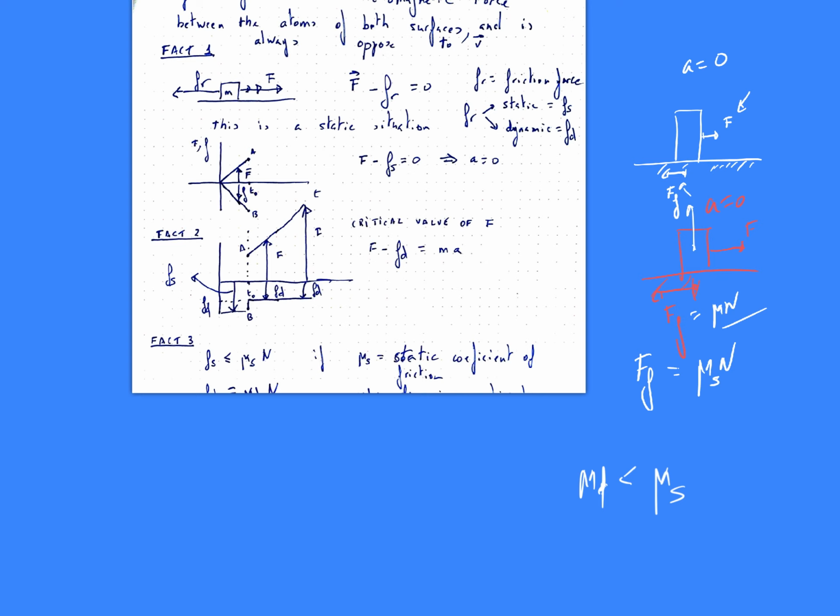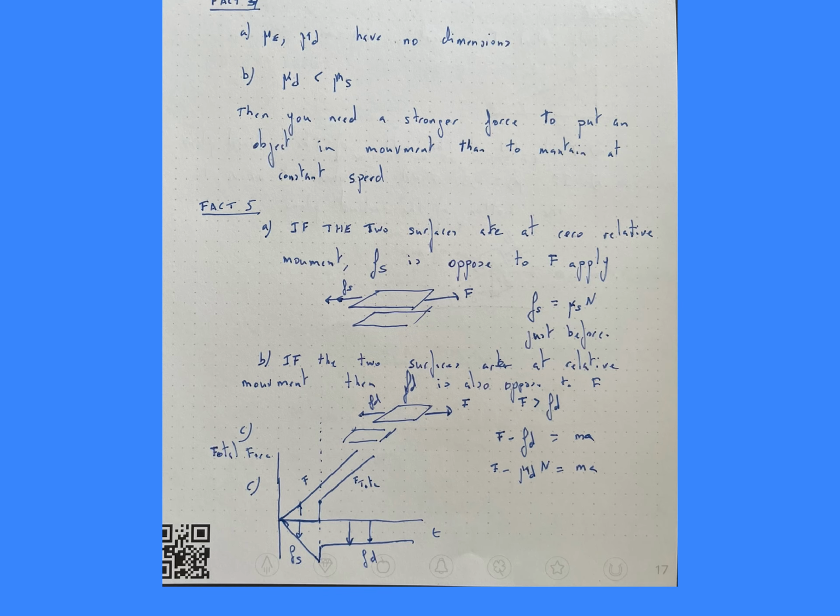This figure represents the force applied, and you see the friction goes smaller when the force overpasses a critical value. For this critical value, the friction becomes a smaller friction, negative, going to the left, but smaller. Okay, so this is the dynamic friction force, while this is the static friction force.